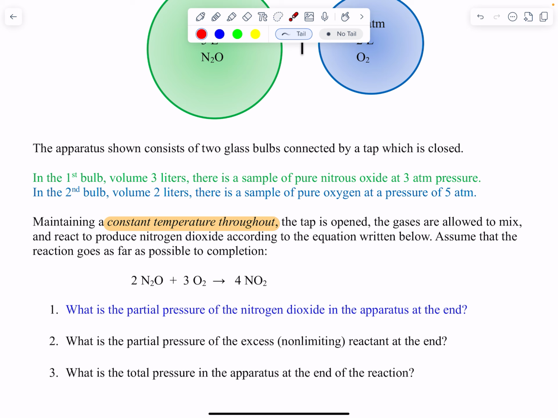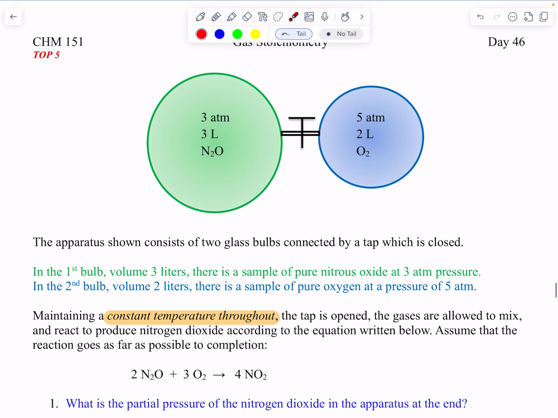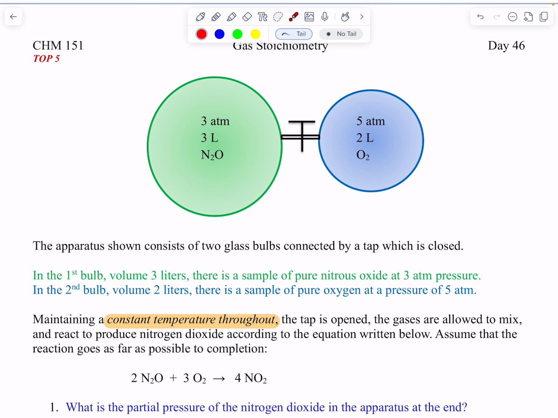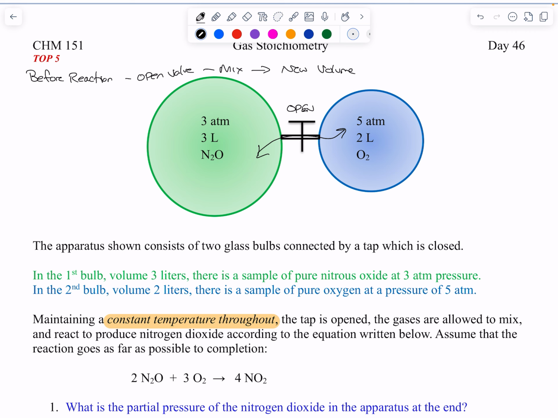All right, so let's look at this. Let's come up here first. So before the reaction, we open the valve and we're going to mix, right? There's a new volume, all right?